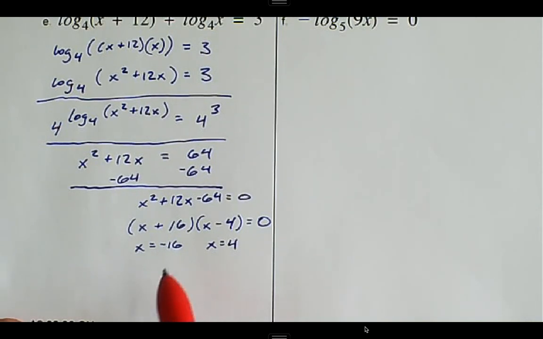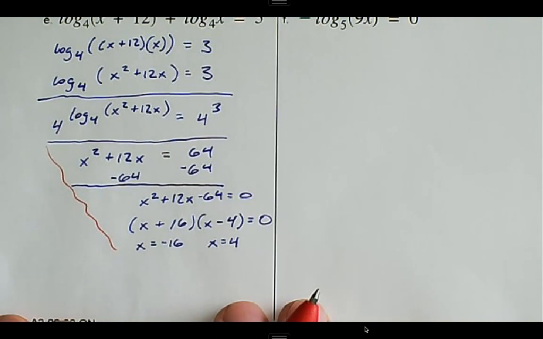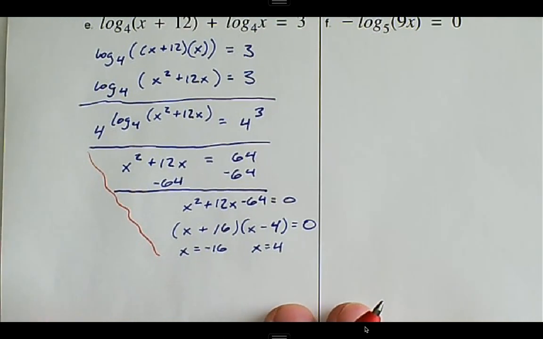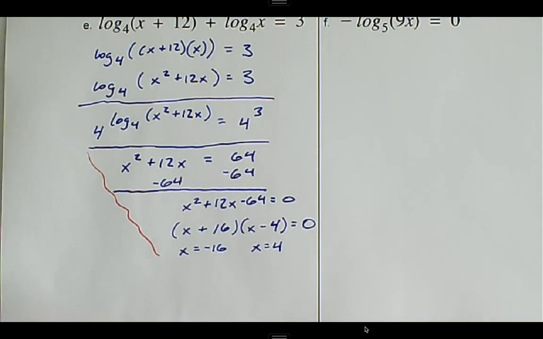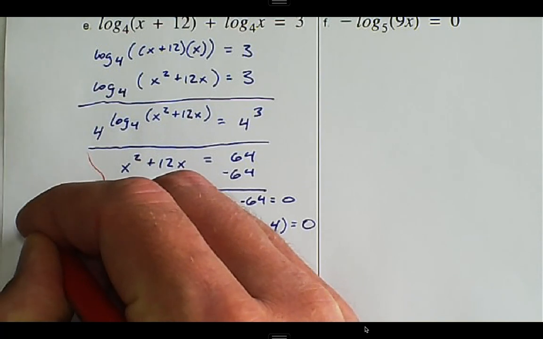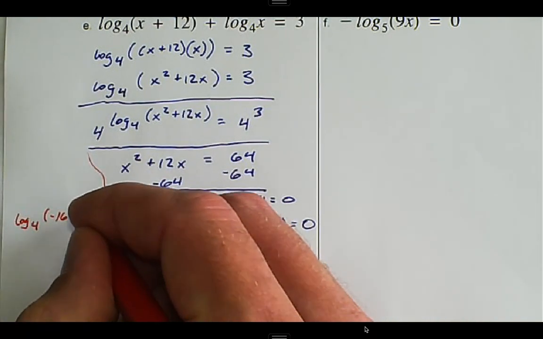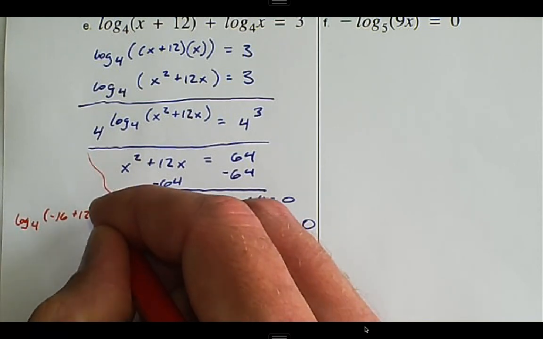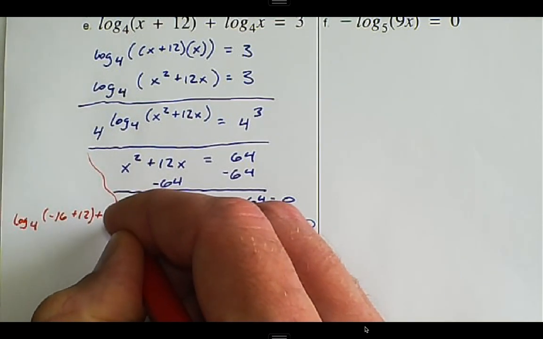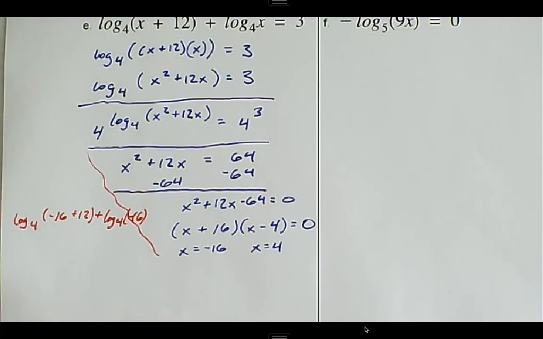And so we can check negative 16 here first. We'll just substitute the values in. Log base 4 of negative 16 plus 12, plus log base 4 of negative 16.